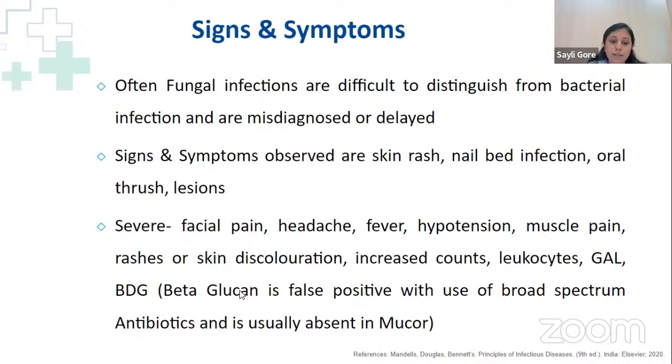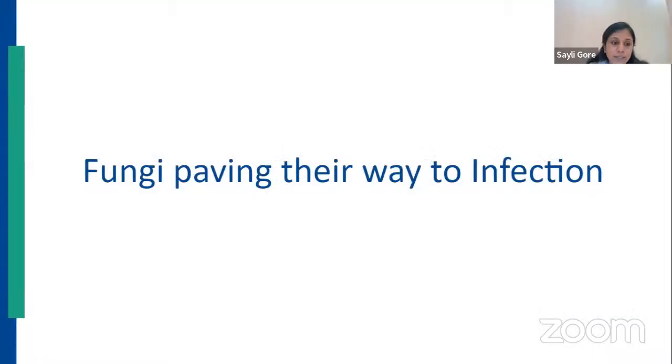But BDG can be false positive if many antibiotics have been used before, and it is absent in mucormycosis. Galactomannan is present in Aspergillus only. Galactomannan comes positive when there is an Aspergillus infection, and BDG comes positive when there is a Candida or Cryptococcus infection.